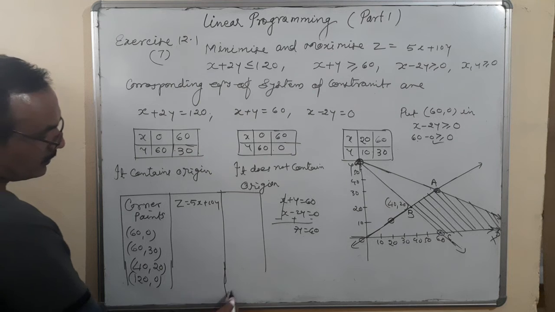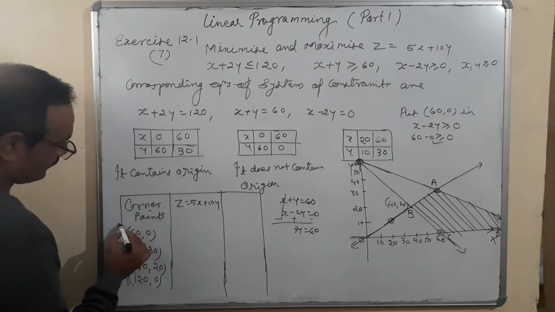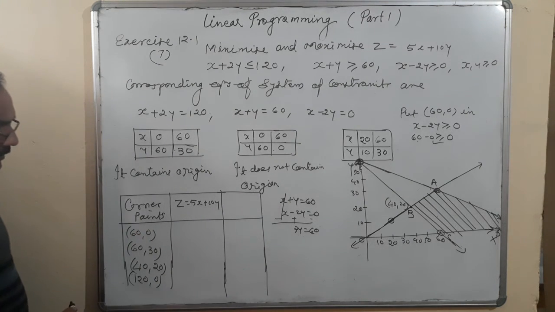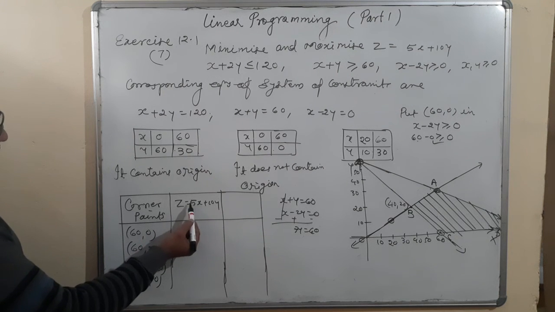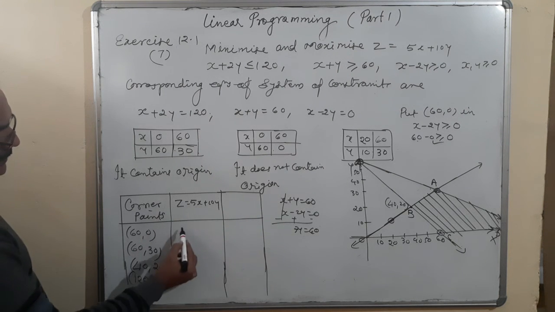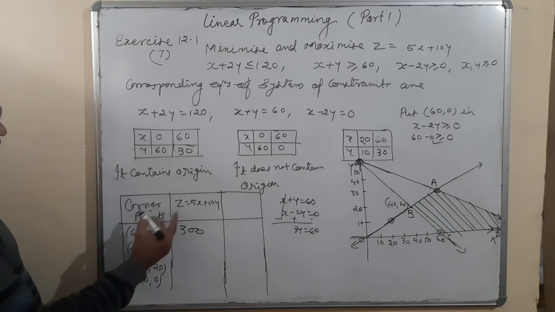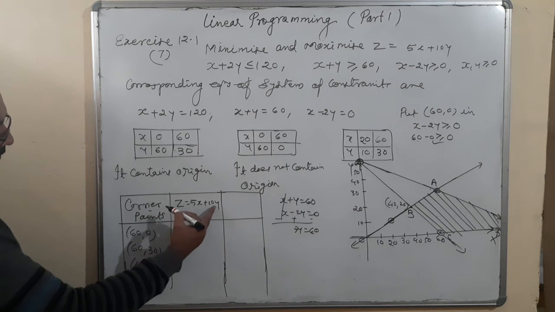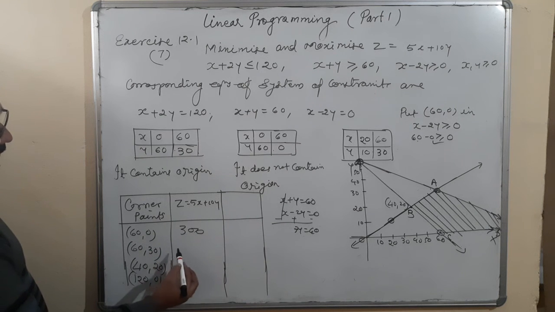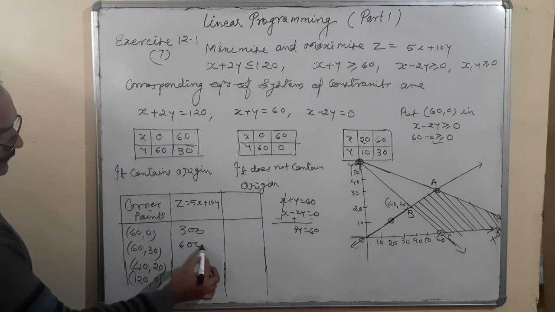Now we'll put the values here. 60 comma, first is always x, second is y. So 5 times 60 is 300, and 10 times 30 is 300, 300 plus 300 is 600.